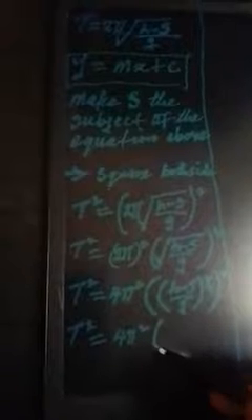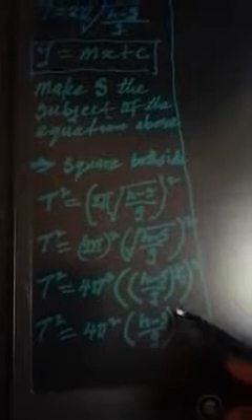Then you now have t squared equals 4 pi squared, and you multiply the powers together. This is 1 over 2 times 2 over 1. So you now have h minus s over g to the power 2 over 2, because 1 over 2 times 2 is 2 over 2.